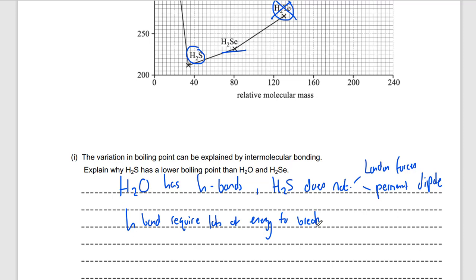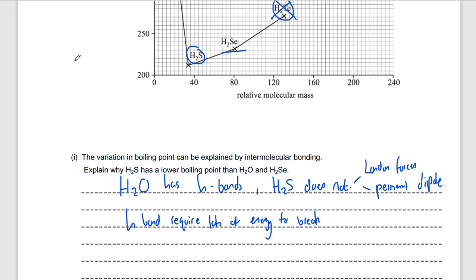The second part is slightly harder, well, I say slightly harder, more tricky. It's not immediately obvious because you've got H2S to H2Se. So you're going down the periodic table. So selenium is underneath sulfur and it's got a higher boiling point. Now you know it's got a higher boiling point, which immediately gives the game away.